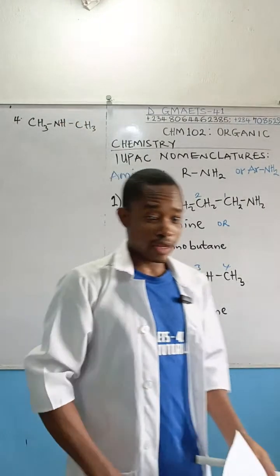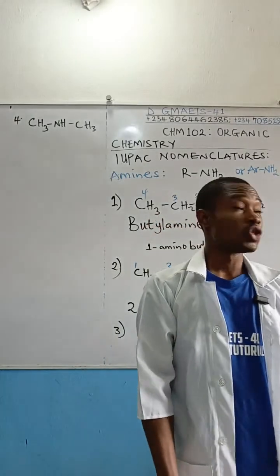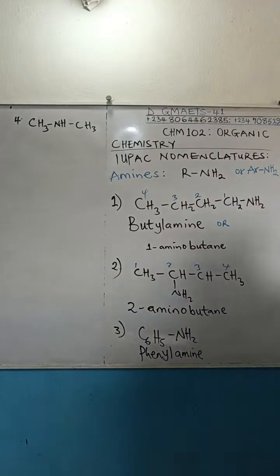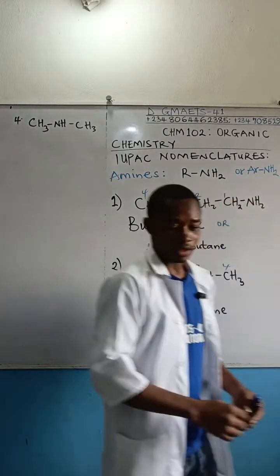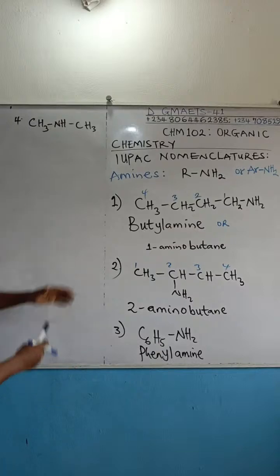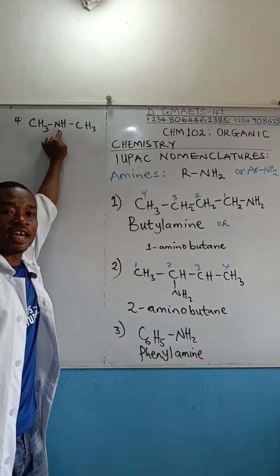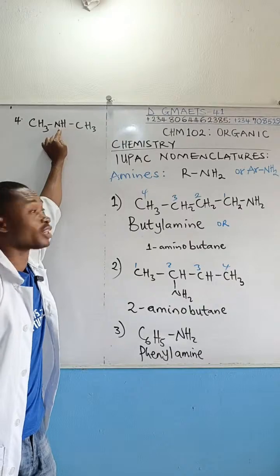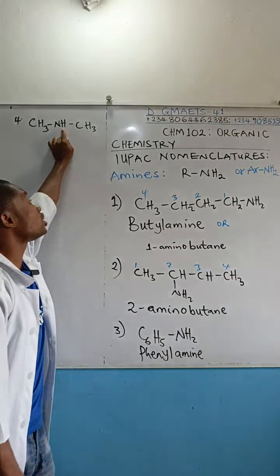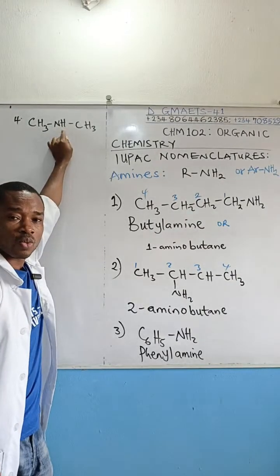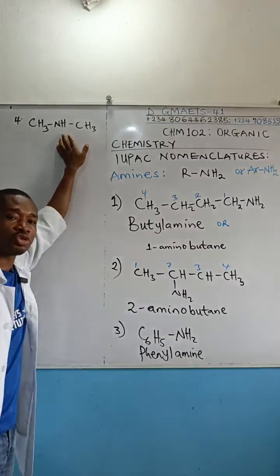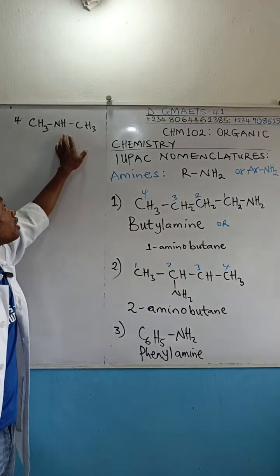Now, if you look at this guy, you will notice that the NH2 is no longer complete in terms of the number of hydrogen atoms. So one hydrogen has been replaced. So this is a secondary amine.